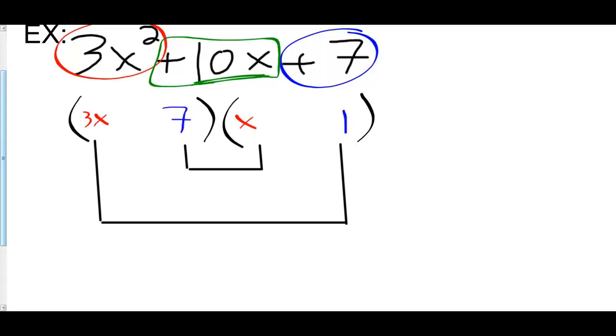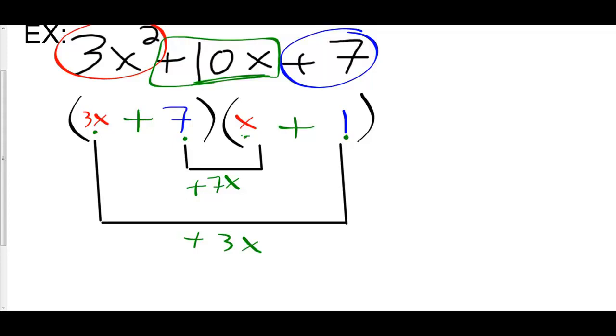And when we do that, we start looking at what the inside and the outside multiply to. The inside multiplies to 7x, and the outside multiplies to 3x. Well, 3x and 7x add to 10x. So if I simply add a positive 3x and a positive 7x, which would imply that the plus has to go next to the 7 and the plus has to go next to the 1, then I would get my 10x.